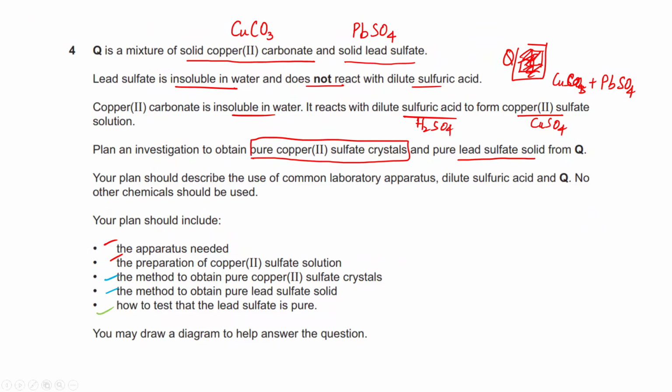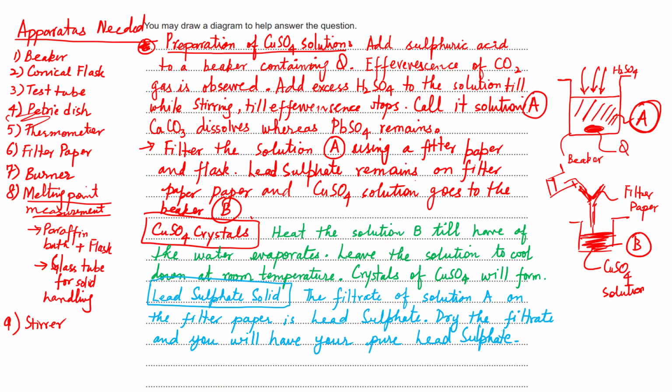So one thing we need to ensure is to leave some space for apparatus needed, and in the end you can also write the things we need for all these aspects. Beaker, yes. Conical flask, yes. Test tube, we haven't used it, so we can remove this as well. Petri dish, yes, you can say it.